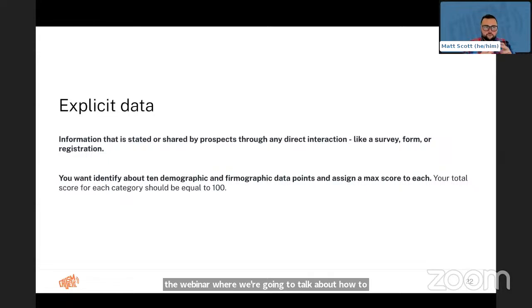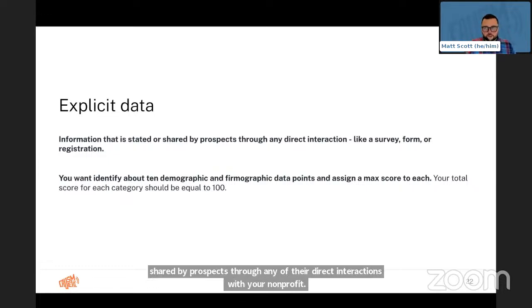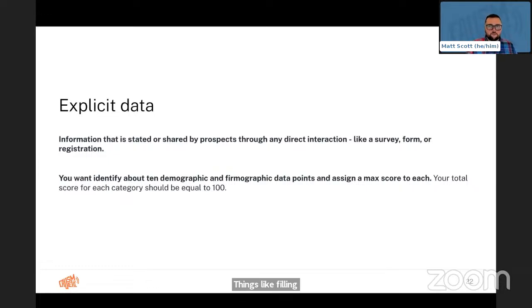So explicit data, this is information that is stated or shared by prospects through any of their direct interactions with your nonprofit. Things like filling out a survey, or completing a lead form, or a donation form, or registering for an event.